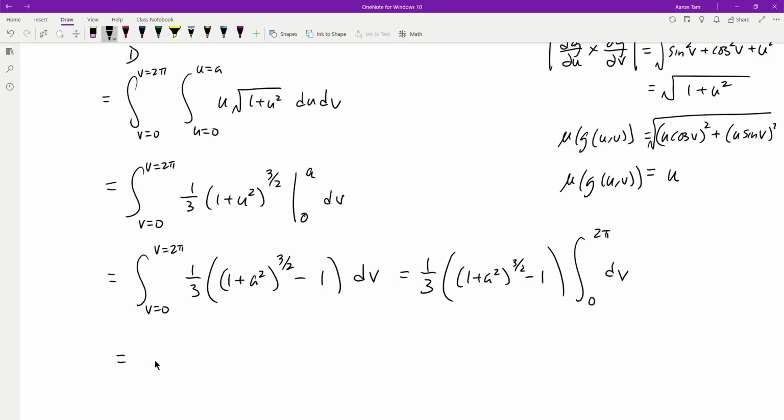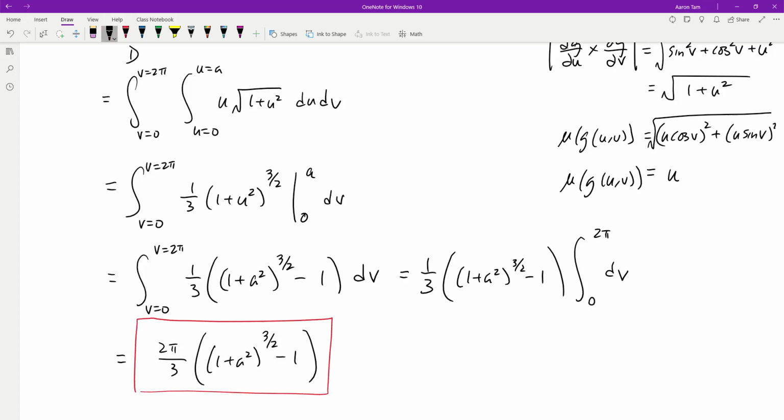So therefore, my final answer should be 2 pi over 3, times 1 plus a squared to the 3/2 power minus 1. And that gives the mass of this surface with the density function of the radical of x squared plus y squared.